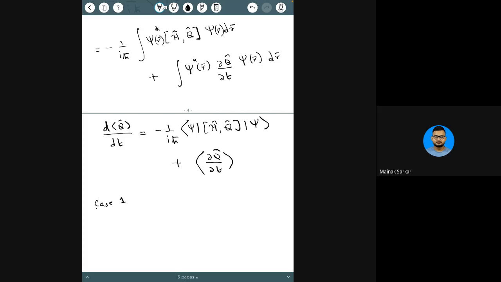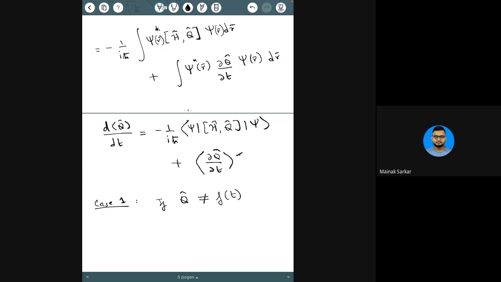Case 1. If Q is not a function of time, then this last term is 0.